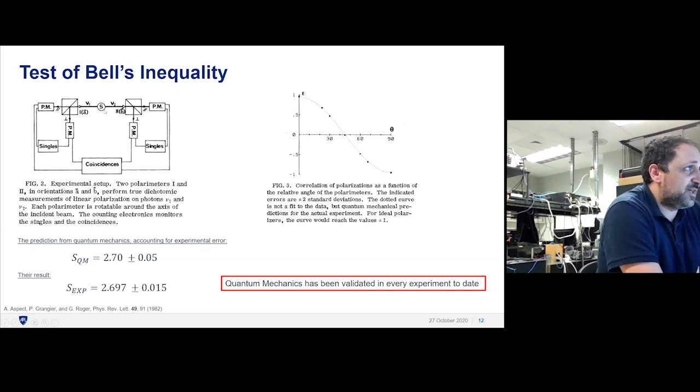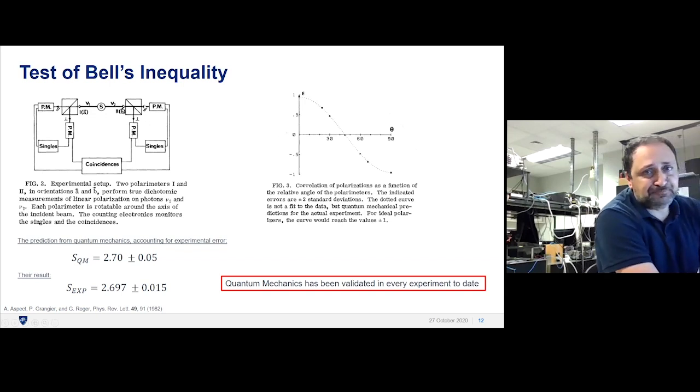And you have 2 photons coming out. These are polarizing beam splitters. So they pass light of a specific polarization here, and this is a detector. And then light of a different polarization gets passed here. And similarly on this side.